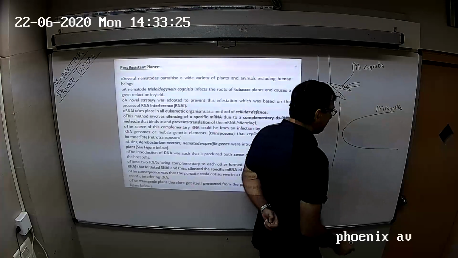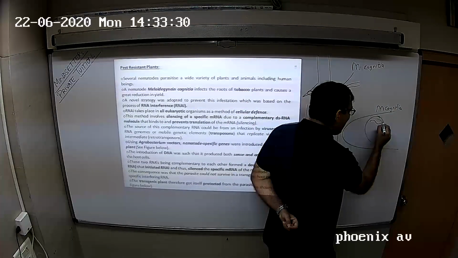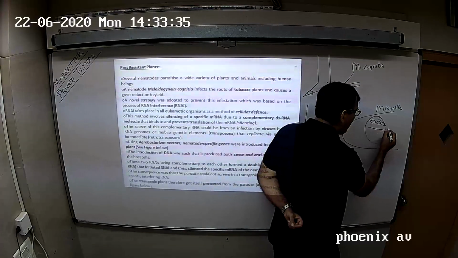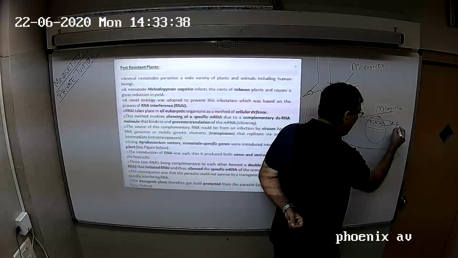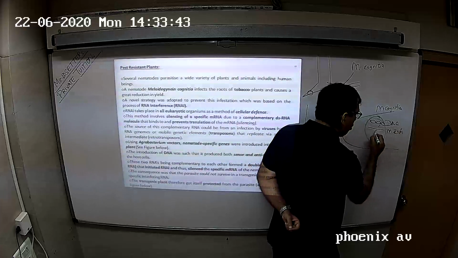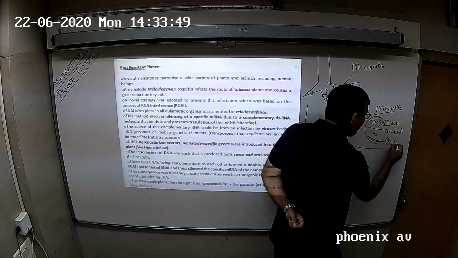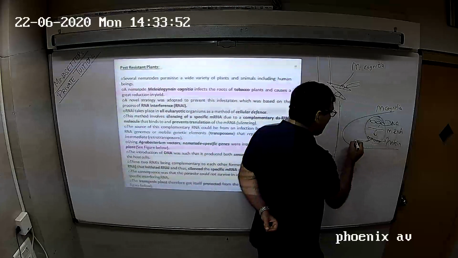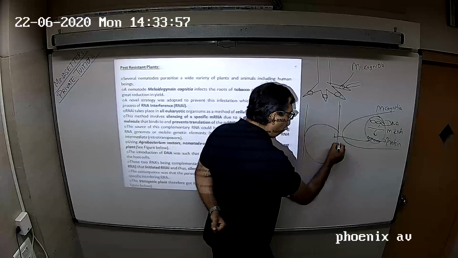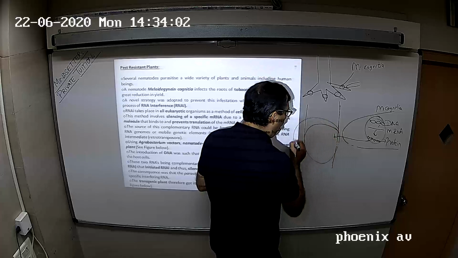Carefully, inside its cells, you have DNA. DNA undergoes transcription to form mRNA, and mRNA undergoes translation to form protein, and that protein is an enzyme, and that enzyme enters into the cortical cell of the tobacco plant, and that enzyme swells up the cortical cell.